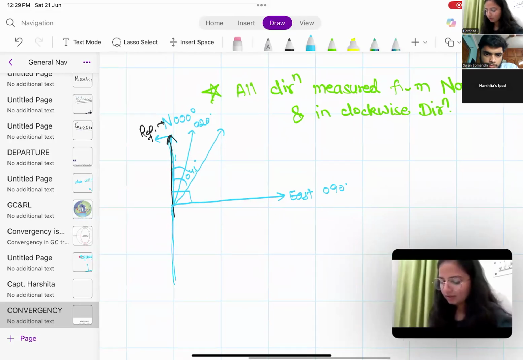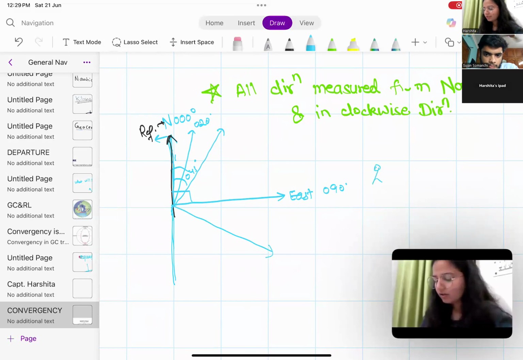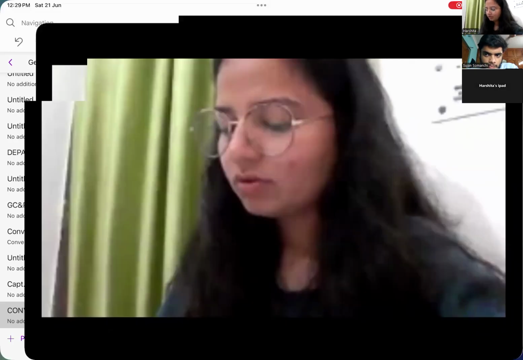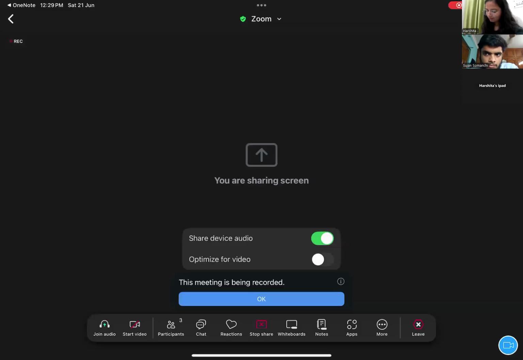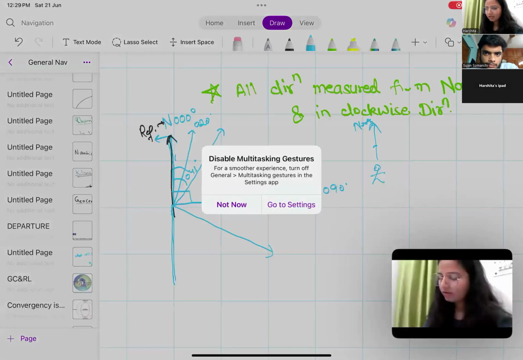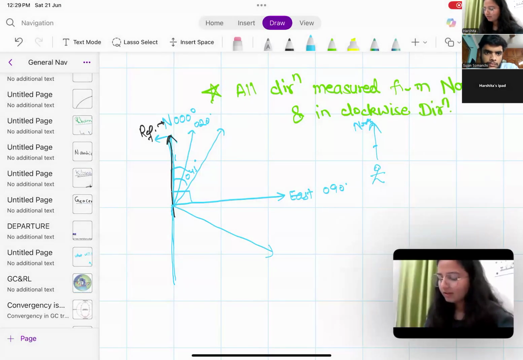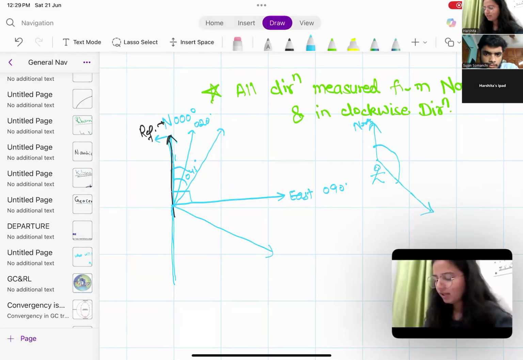Similarly, if I say, okay, Sujan is starting from this point and he is going in a direction 130 degrees, that means this is Sujan's head facing towards north. From north he calculated the angle of 130 degrees and went in this direction. This is how we are going to go.